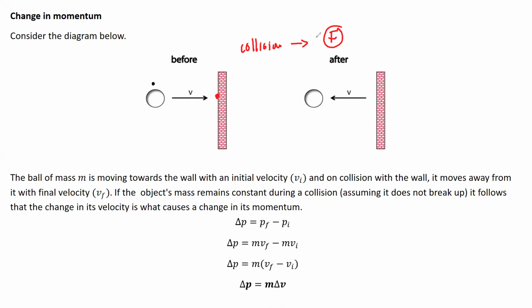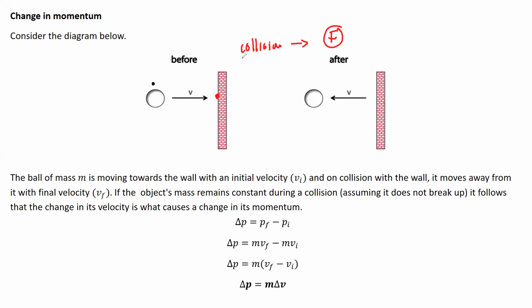Let's keep thinking. So the collision between the wall and the ball causes a force to be exerted. According to Newton's second law, when there's a force that is exerted, the force causes the object to accelerate.